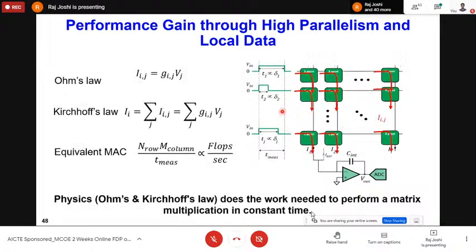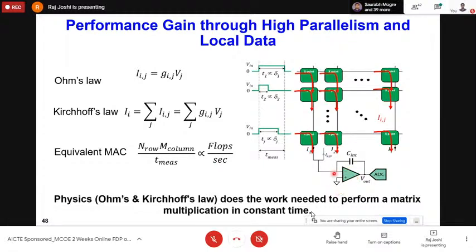So if you take that route, it's very simple, right? It appears very simple because you apply pulses to your inputs, which drive current through these memory elements through Ohm's law. Addition becomes possible using Kirchhoff's law, and the equivalent MAC operation will be the summation here.